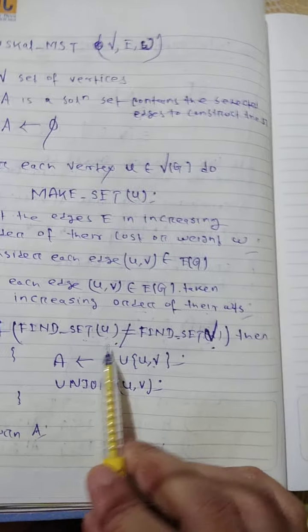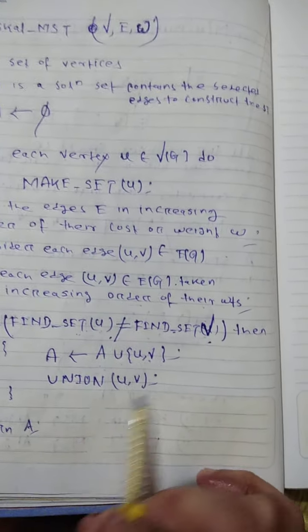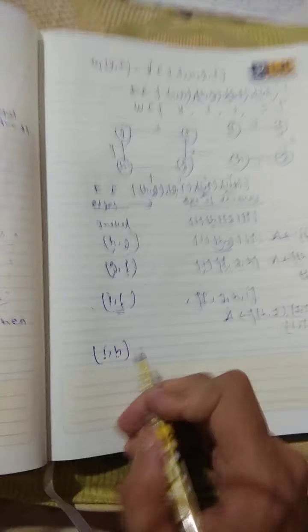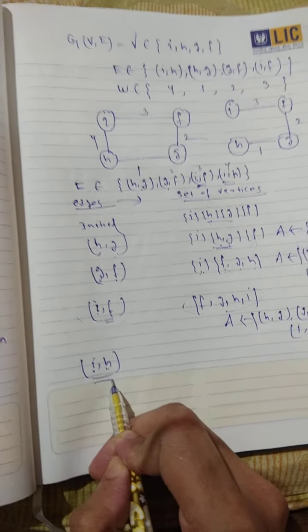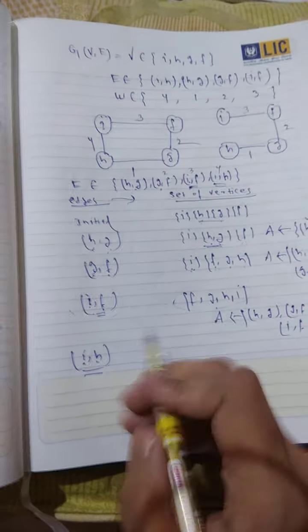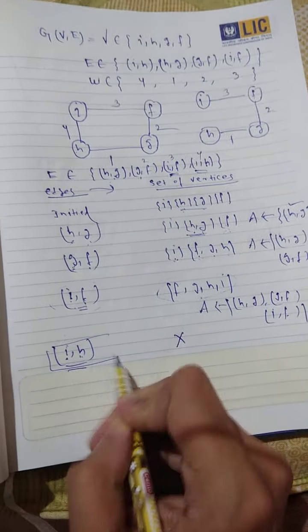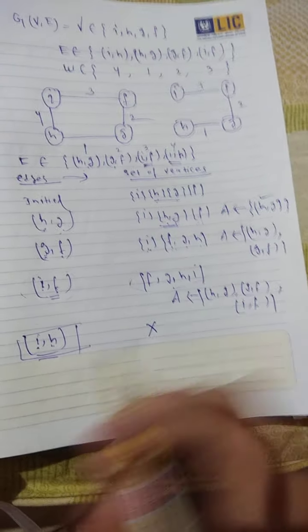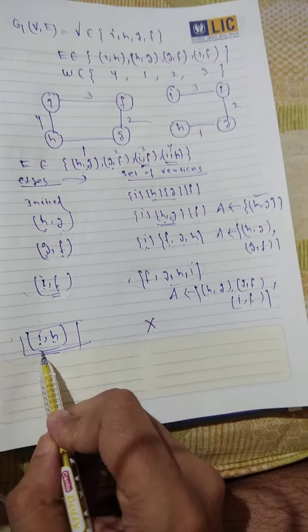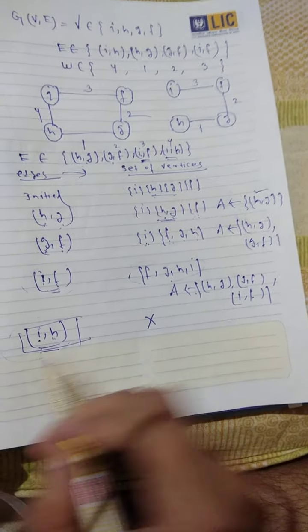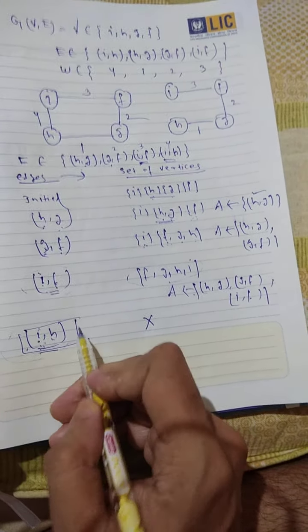So the condition is not satisfied, that means the union operation is not performed. We reject this edge. We do not consider this edge in the solution space.